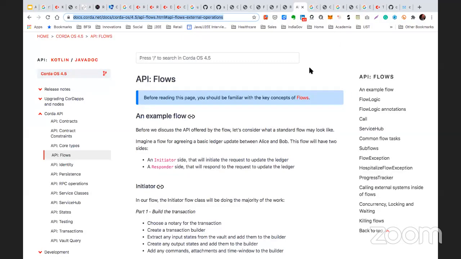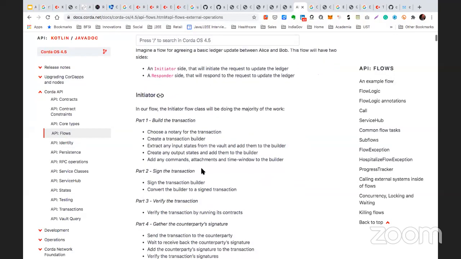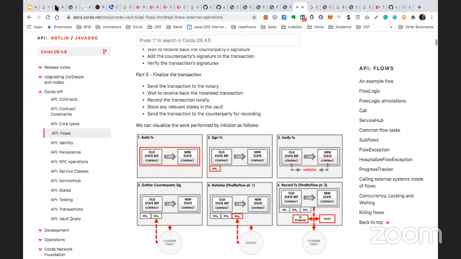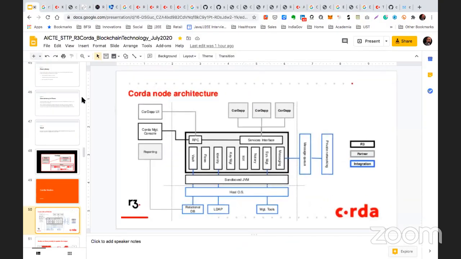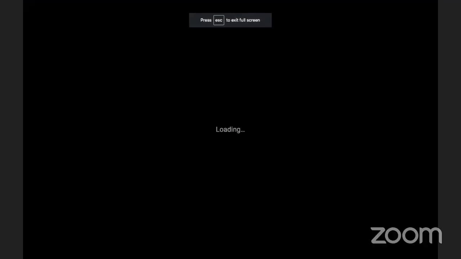Okay, so this concept means the initiator will initiate the request to update to the ledger. Responder will respond to any request for update in the ledger. So this is very important. You must have understood the concept by now, but I just wanted to highlight it, right?